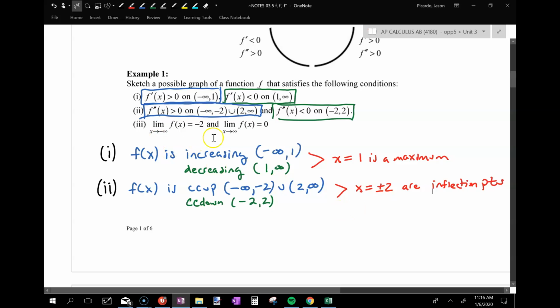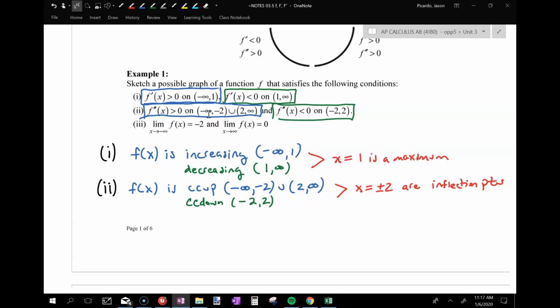These last two facts brings us back to something from our first unit. What does this say? This is the limit as x goes to negative infinity of my original graph is negative 2. What does that mean? When I give you a limit at an extreme, what is that really telling me?